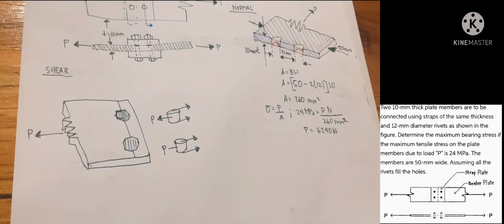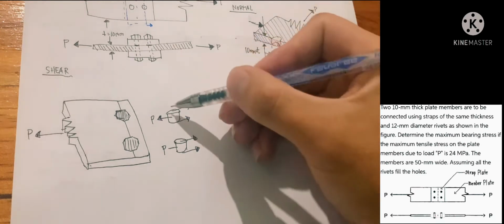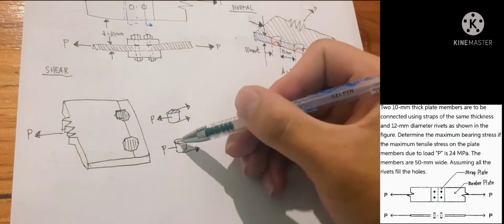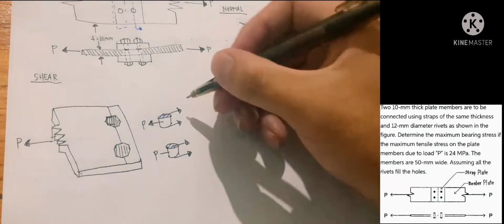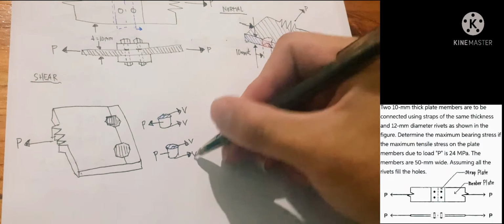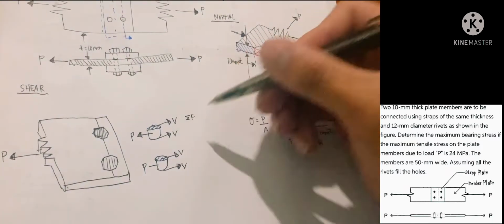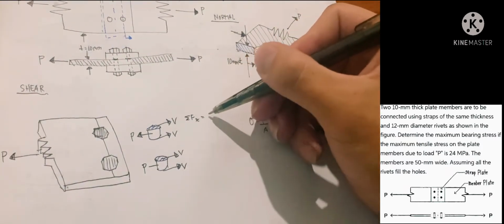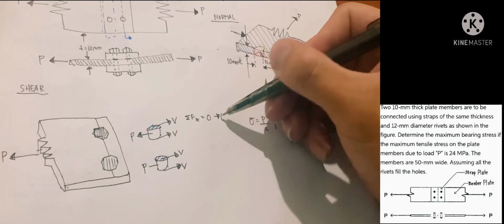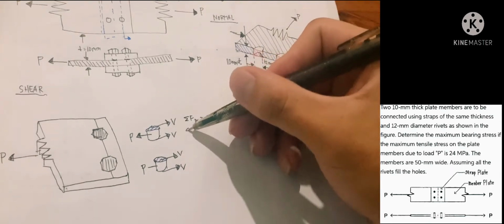That's why the rivet can still hold the plate. And for the minimum, we do not want to break anything, or we do not want failure on every rivet. We would only consider the single rivet that is all alone.